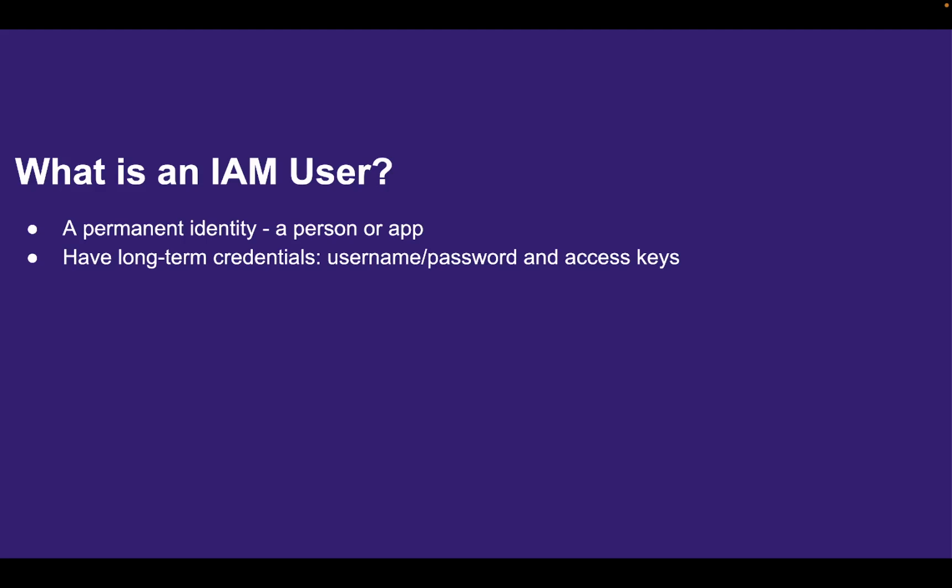You're a permanent worker, so you can walk around the company based on your permission. Which office can you go in, which office you cannot go in, that will be dealt with by your permission. So an identity is just a permanent entity, a user, yourself, or one application that has a permanent long-term username and password to access your AWS resources.